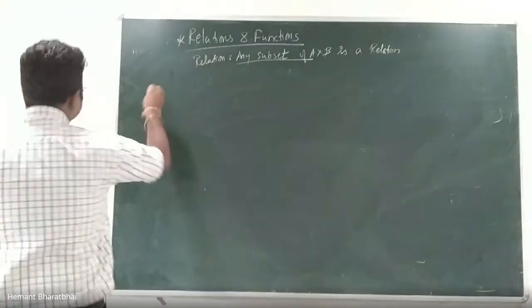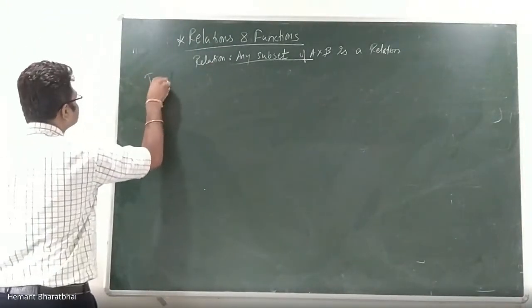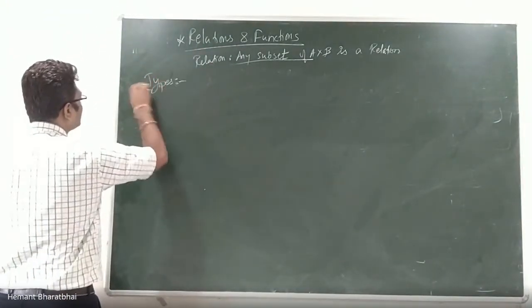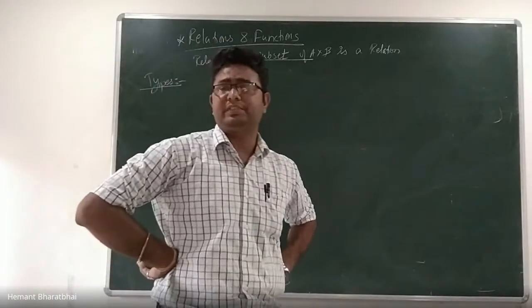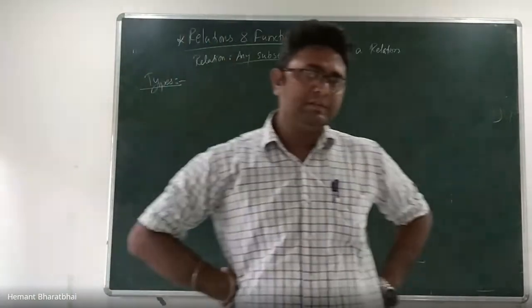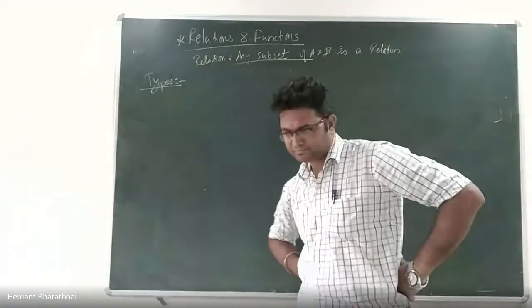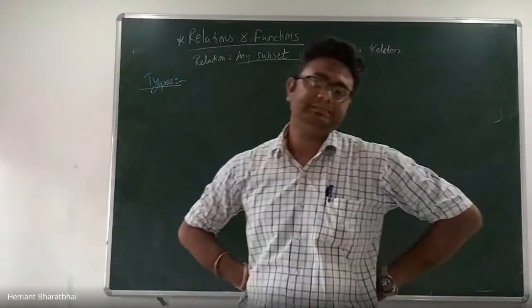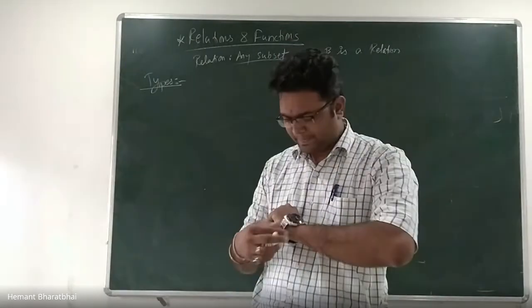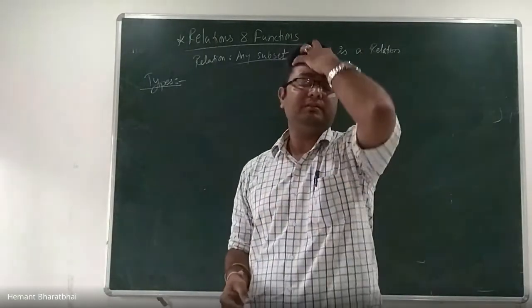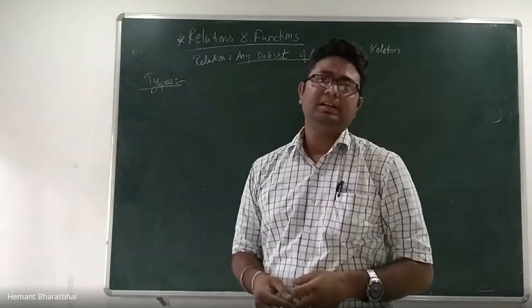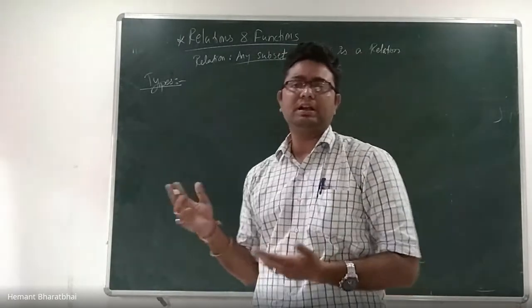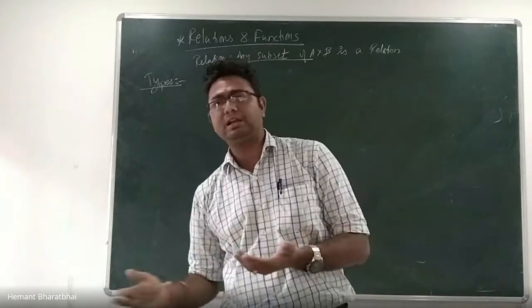So, types of relation. First, I can directly carry over the types of sets we have studied: finite set, infinite set. Then singleton set, null set. Hence, similar kinds of definitions can be carried over here also.